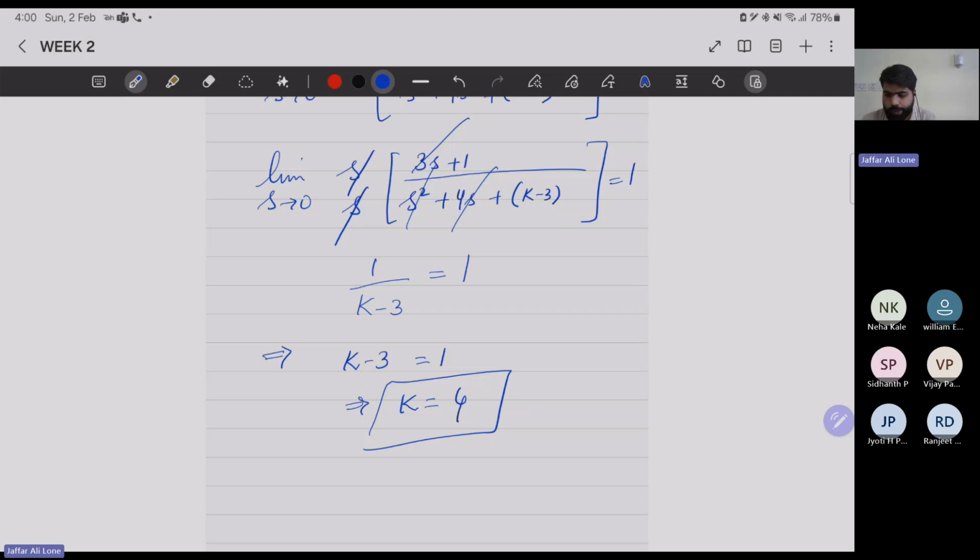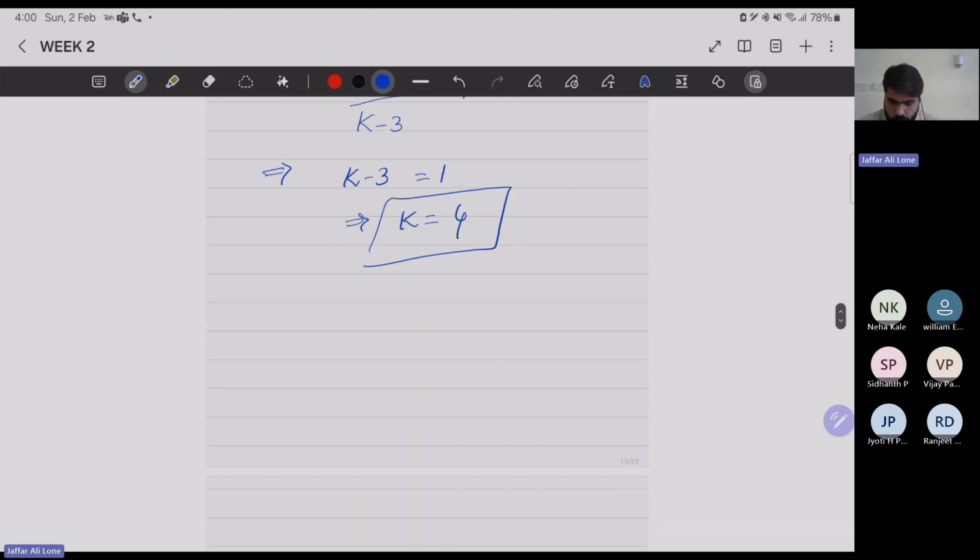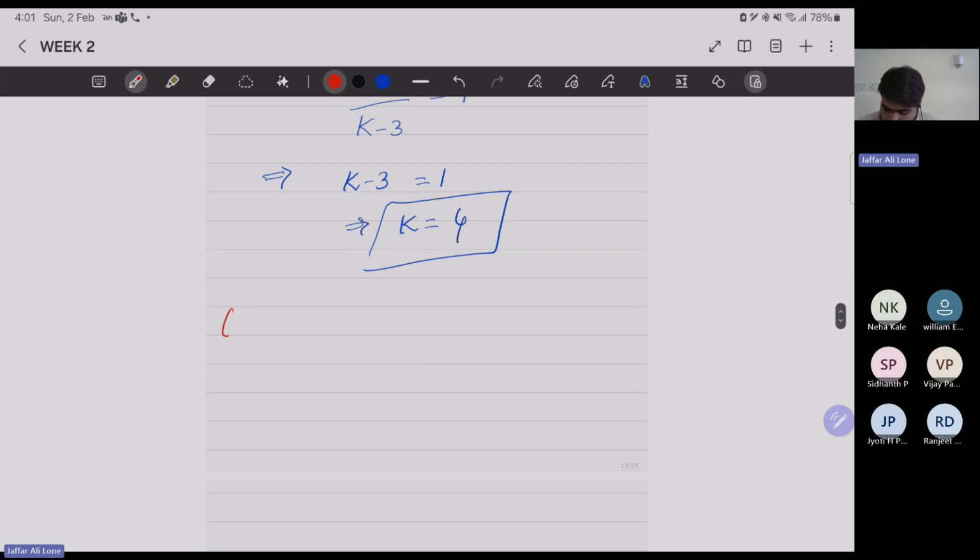Still, before we end, can you find the final value of the function 1 over s into (s − 1)? Can you find the final value of this function? This is the last question, then we'll move forward.